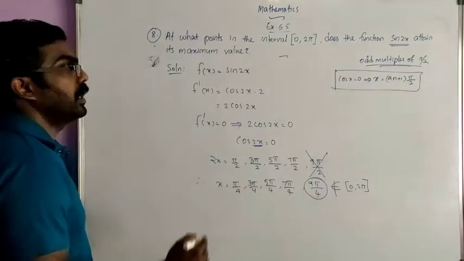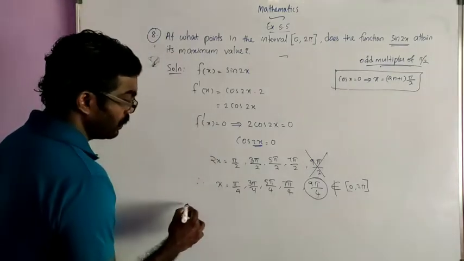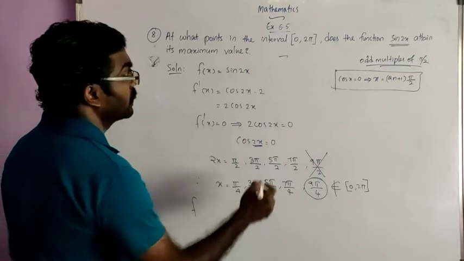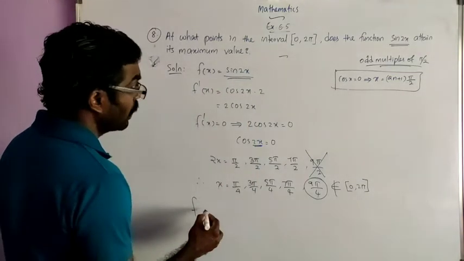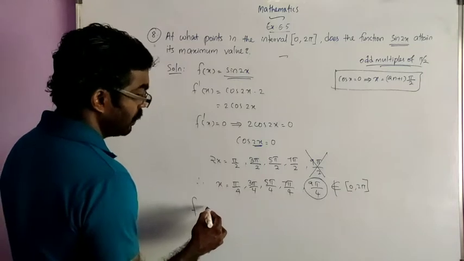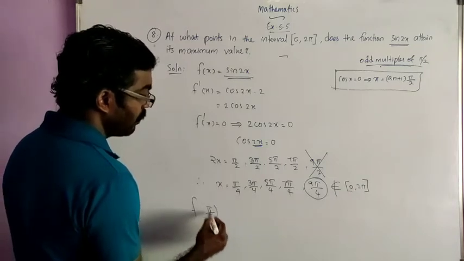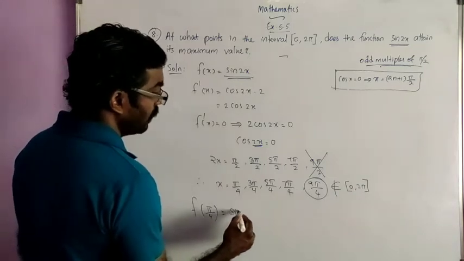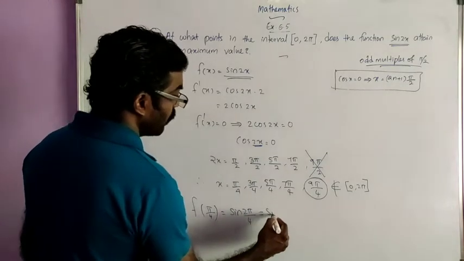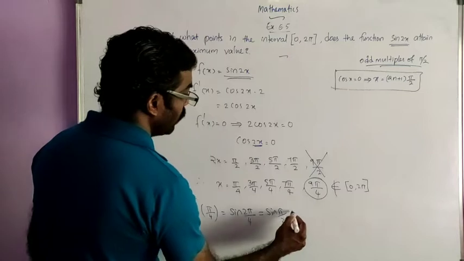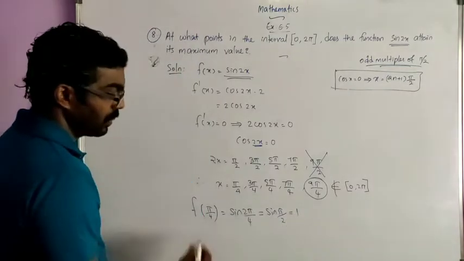Okay, now to find the maximum value we have to put the values of x in the function f of x equal to sin 2x. Okay, that is f of pi by 4. F of pi by 4 means sin 2 into pi by 4. Sin 2 pi by 4, that is sin pi by 2. And the value of sin pi by 2 is what? 1.